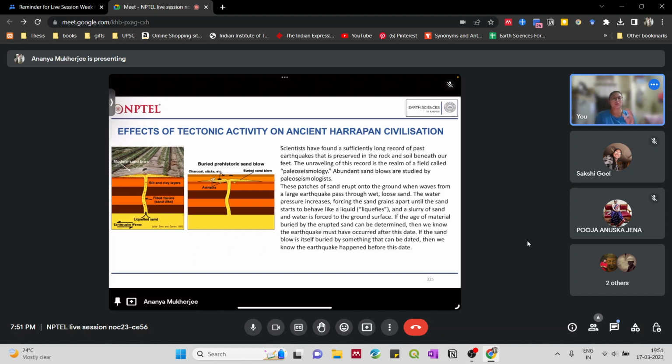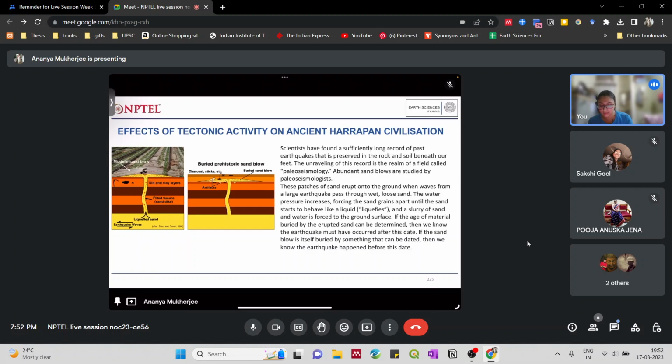Now, as you can see here, if you can date the material buried by the erupted sand, and the sand blow is on top and has buried it, then you can say that the earthquake occurred after this date.